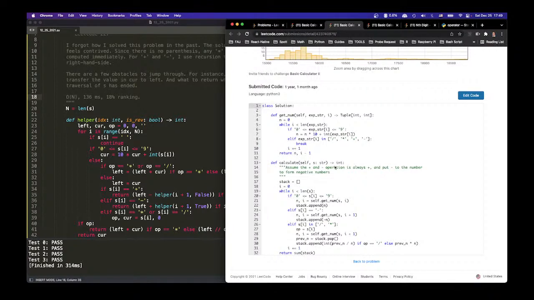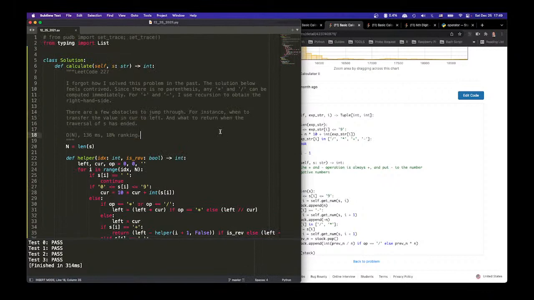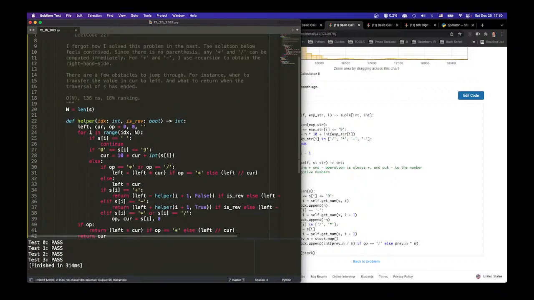It's just, all right, let's see if we can write this. All right, let's try the good solution.